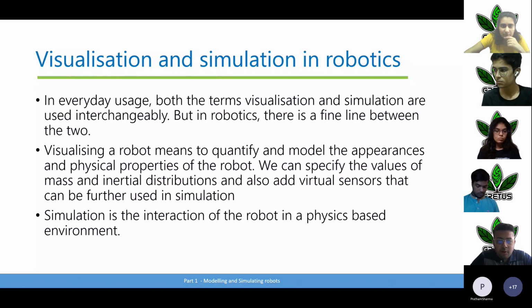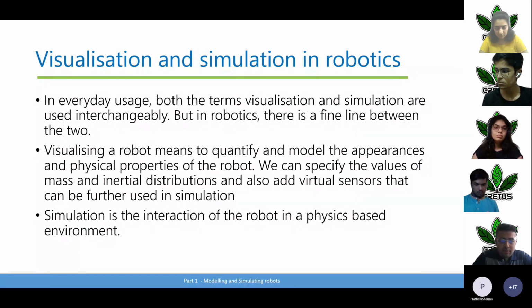Visualizing a robot means to quantify and model the appearances and physical properties of the robot. We can specify the values of mass and inertial distributions and also add virtual sensors that can be further used in simulation. So, visualization means that we are going to be preparing what the robot looks like, and if we were to touch it, what it would feel like.